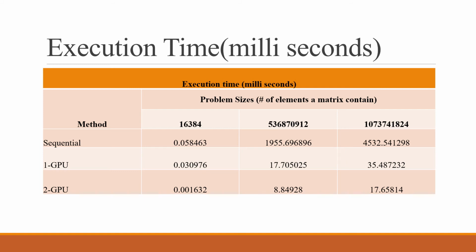Using multiple GPUs, I have worked with more than 3 billion elements in nearly 17 milliseconds, compared to the sequential program's 4500 milliseconds, which is very fast and very helpful and advantageous.